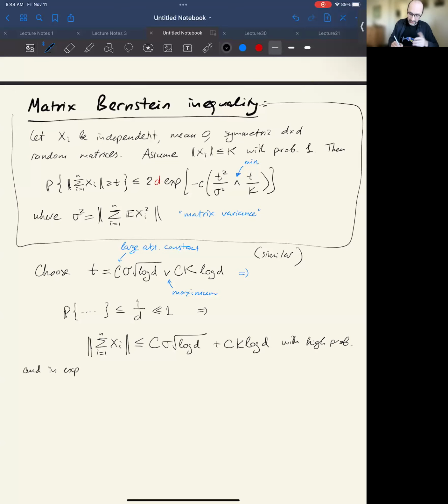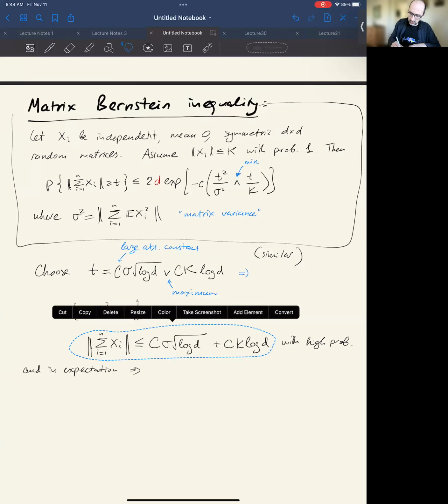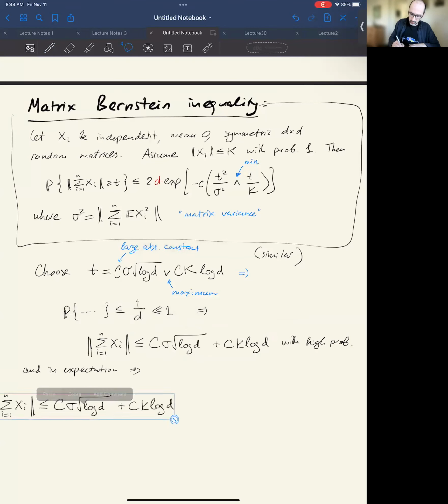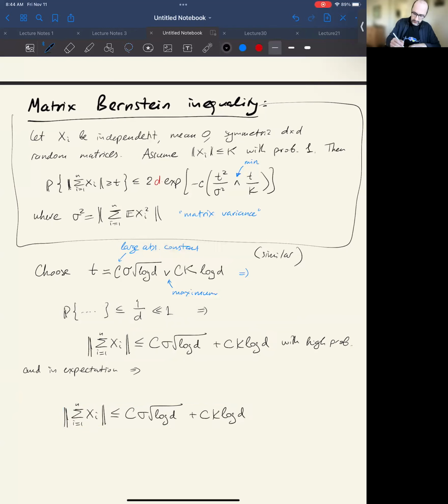If we redo what we did for Hoeffding's inequality on the previous page, the same way, just the integral inequality, break it into two parts. I'll not repeat that. We'll get this corollary that says that the expected value scales like this.